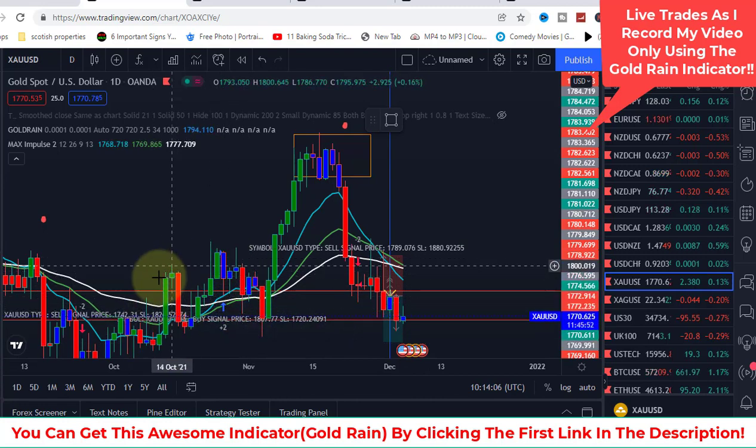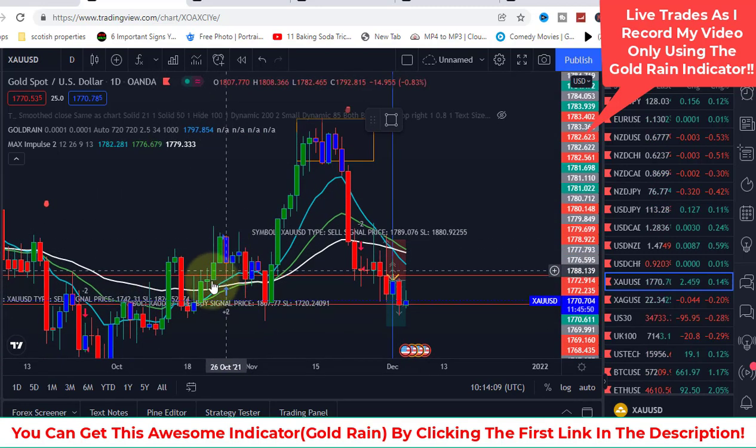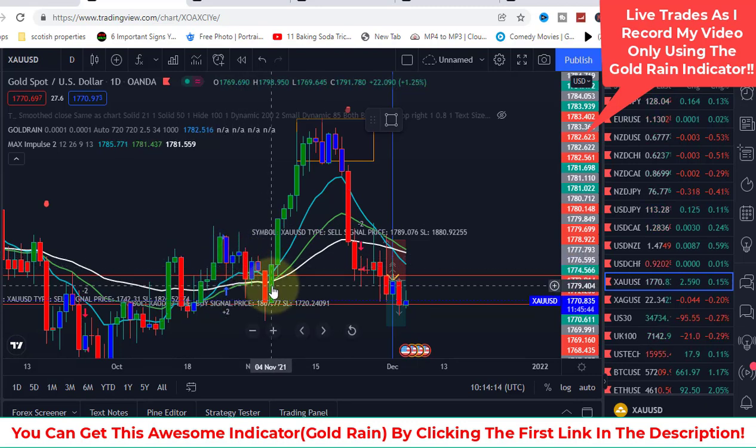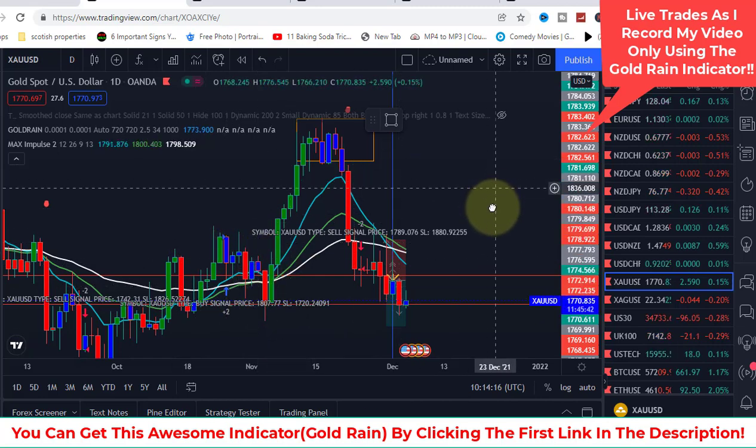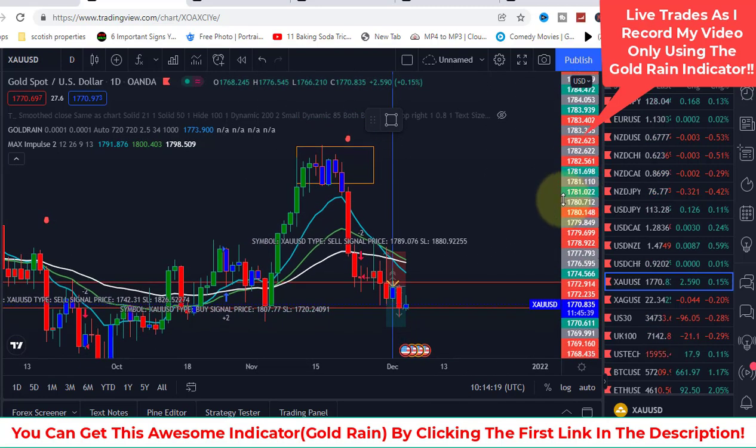Based on whatever data it's getting, it gave me a buy signal 1, 2, 3, 4, 5, 6 days prior, at least like 1 week prior to the big bullish move of the gold market, which was on 4th November. So look at the power of this indicator, guys. That really fits guys who are after weekly trades, like swing traders.